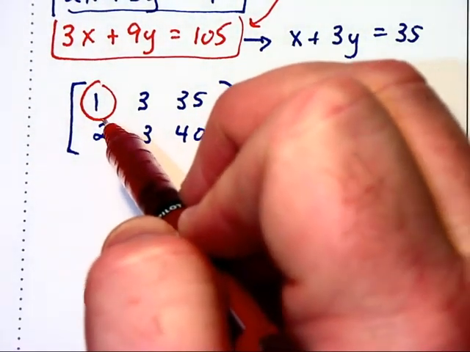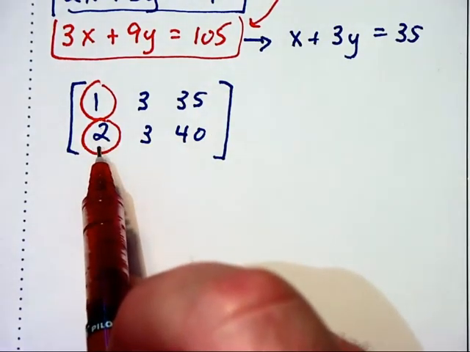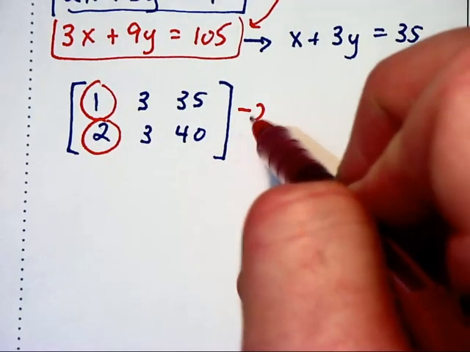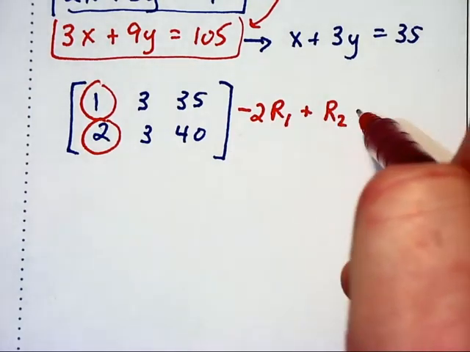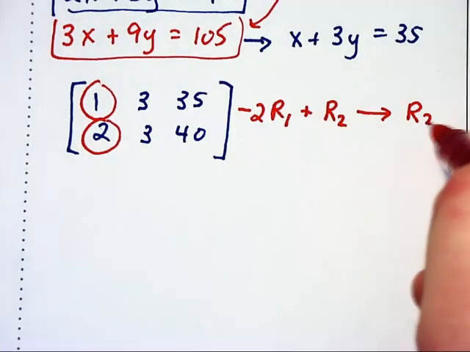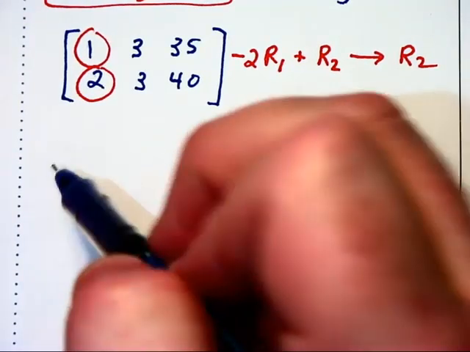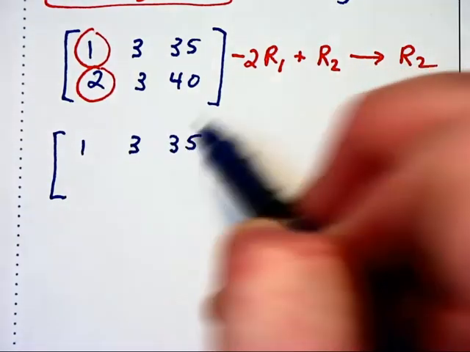Now the goal is to get a 0 beneath it. We get a 0 by canceling out this 2 with a negative 2. So we're going to go negative 2 times the row 1, add that to the row 2, and let that become the new row 2. In other words, row 1 is not going to change at all. It's going to stay 1, 3, 35.